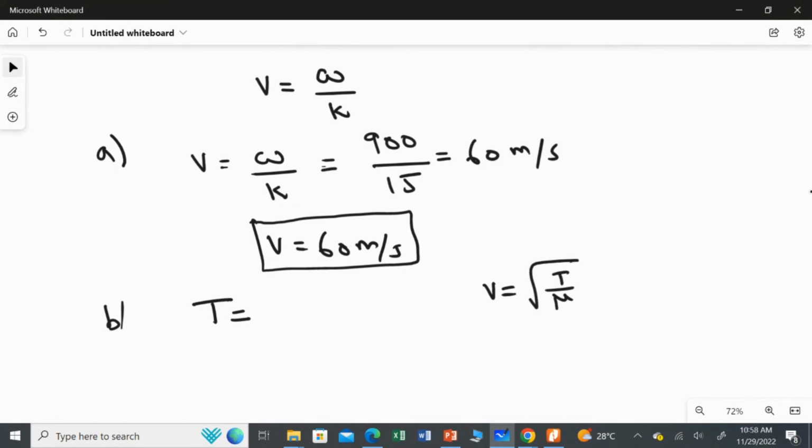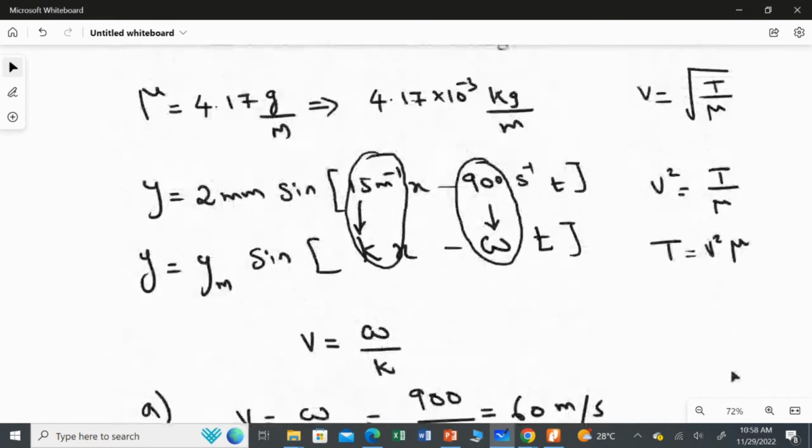Squaring on both sides, v squared equals T over mu, and therefore T is equal to mu multiplied by v squared. I'm going to substitute the v here, and the linear density value is already given as 4.17 gram per meter.